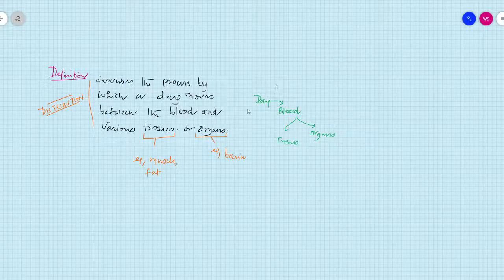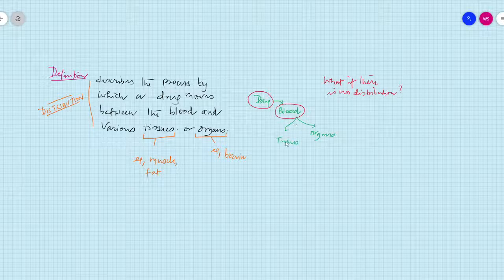So what if there is no distribution? That means the drug only enters into the blood. It doesn't go into the tissues or the organs. What is the consequence of that?